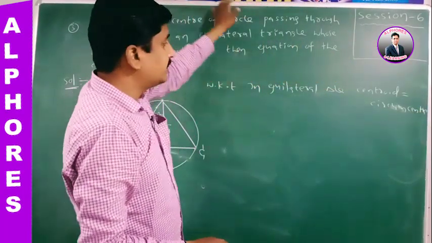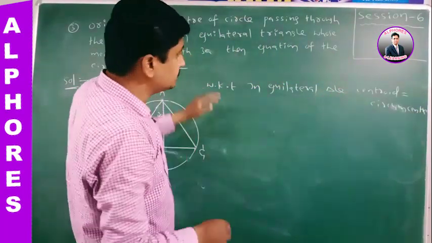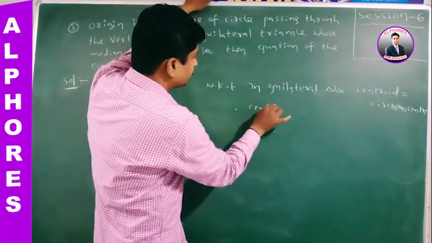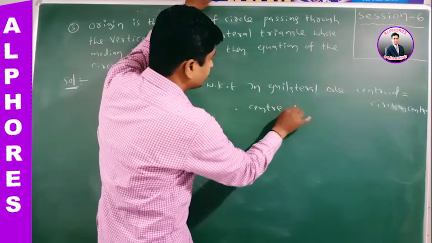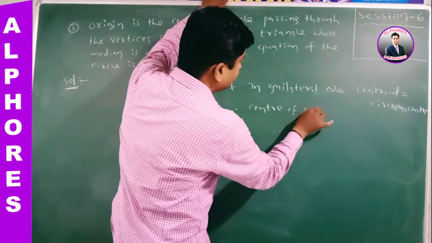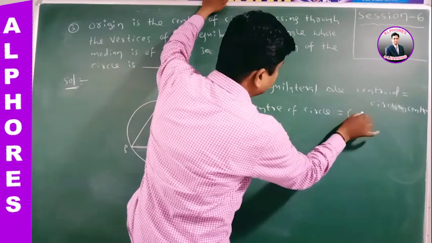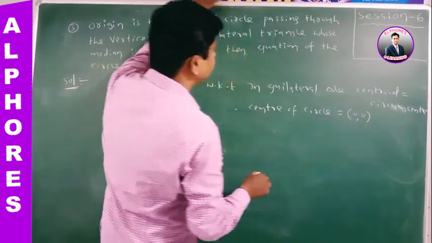Right? In an equilateral triangle, centroid equal to circumcenter. Therefore the center of the circle is clearly (0, 0).